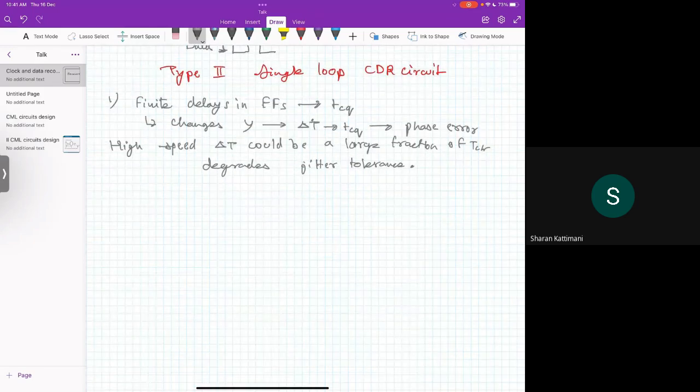Okay, and this jitter tolerance is referred to as j toll.